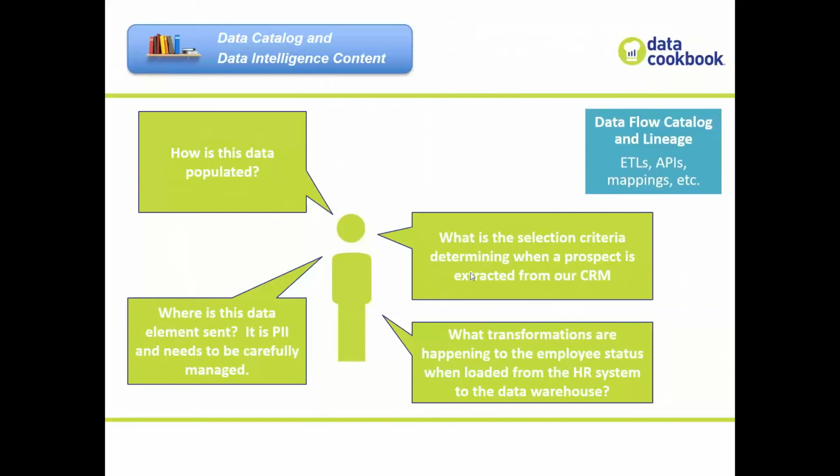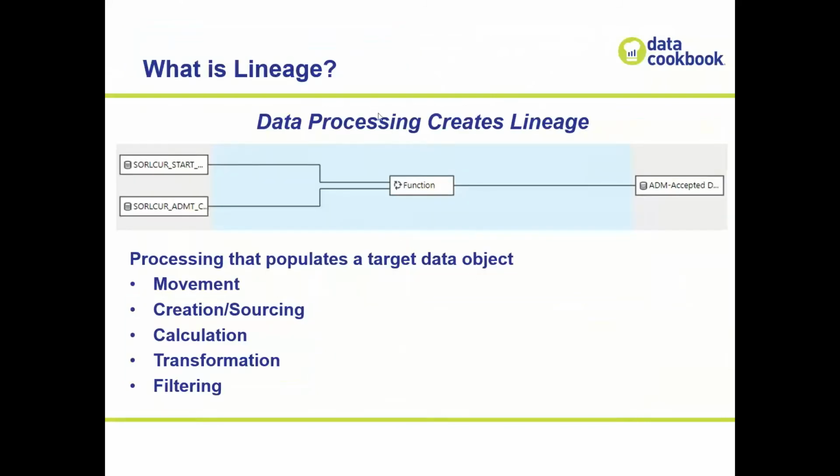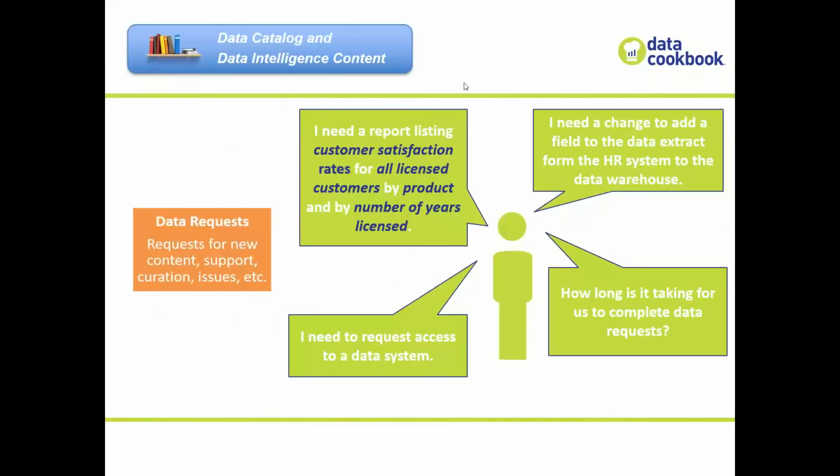The individual data flows is what you get with lineage. So that data process creates lineage. So this is sort of a mapping of data from two things and maybe get concatenated to another. So that might be different kinds of processes that populate the data. Might be data movement or data entry or calculations or transformation or filtering can happen during that process.